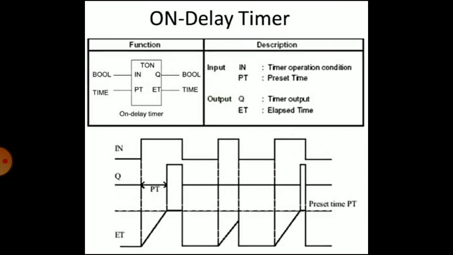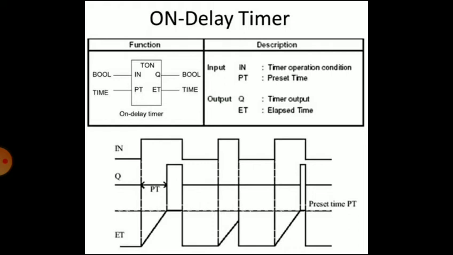After the preset time, the output occurs, that is called an on delay timer. You can see the function represented in a block. You can see the different elements, that is IN, PT, Q, ET, that we have already seen in the previous slide. IN and Q, input and output, are bool type, and PT and ET are of time data type.